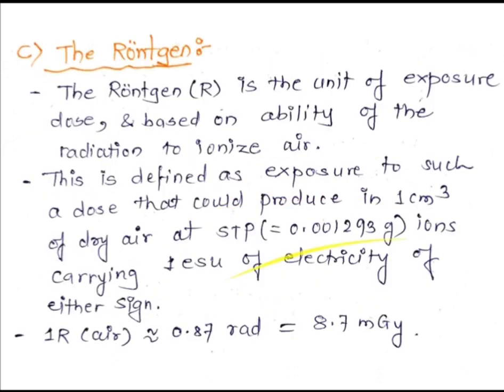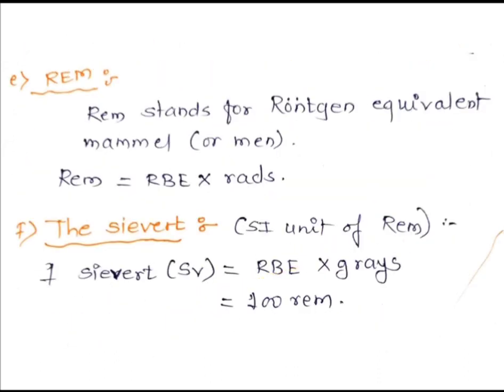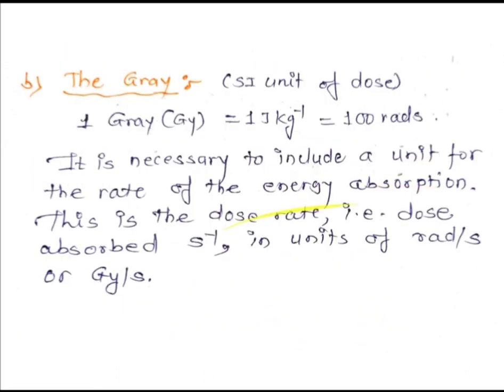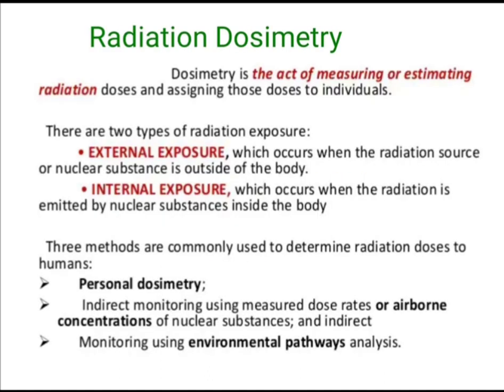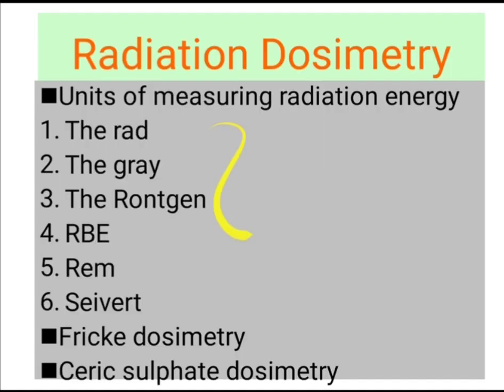Or here another equation is given, 1 sievert is equal to 100 REM. So simply 1 sievert is equal to RBE into grays, and 1 sievert is equal to 100 REM. So all these 6 are the units of measuring radiation energy and the radiation doses.